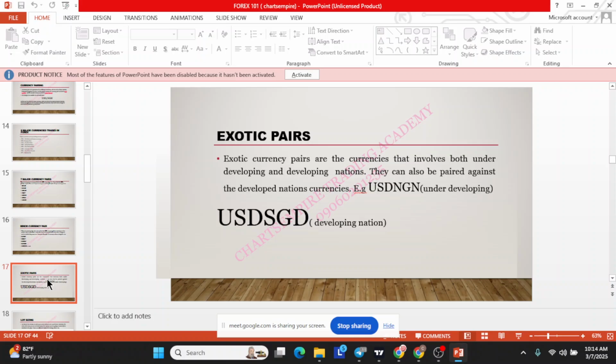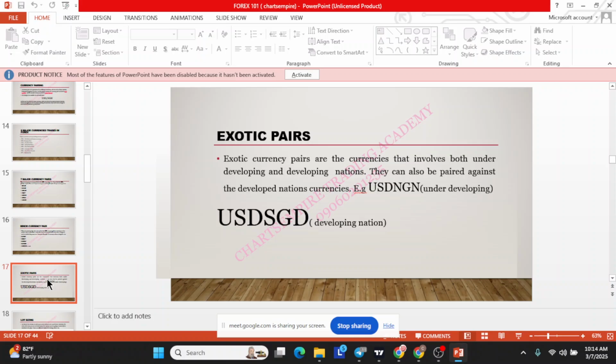They are paired together. So for example, that is where we have the USD NGN. The USD is a major currency. NGN is under exotic because the NGN is classified under developing. So they can also be paired with USD.